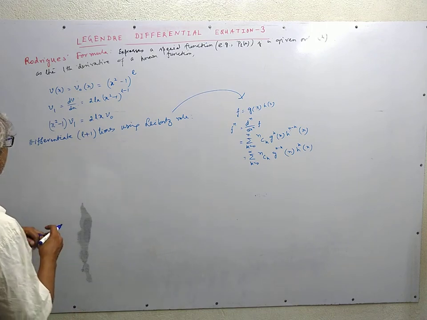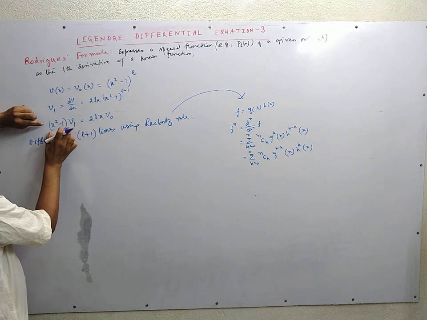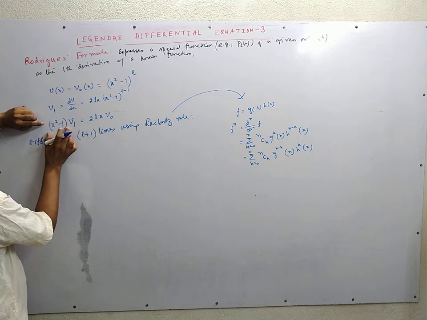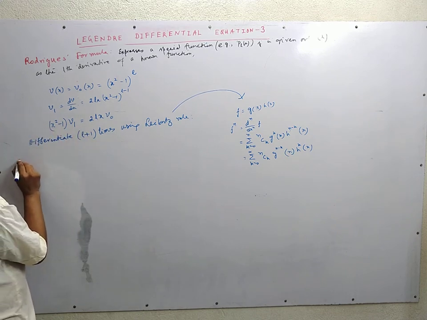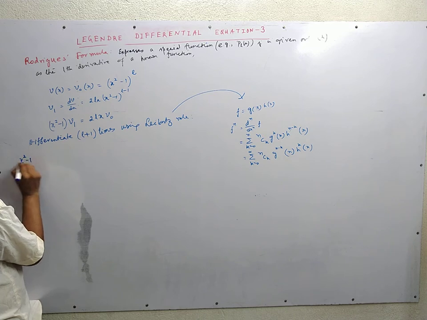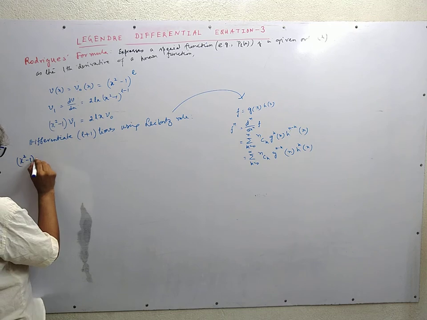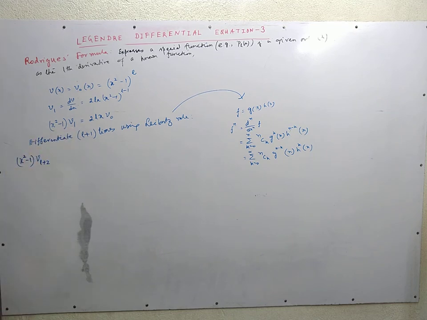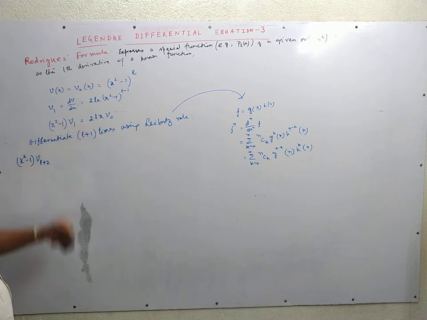So if we use Leibniz rule, you see that the function itself is x square minus 1. First derivative is 2x, second derivative is 2, and the higher derivatives are 0. So if we apply Leibniz, this is x square minus 1 times V of L plus 2, because we are differentiating it L plus 1 times, so L plus 1 will be added to V1.